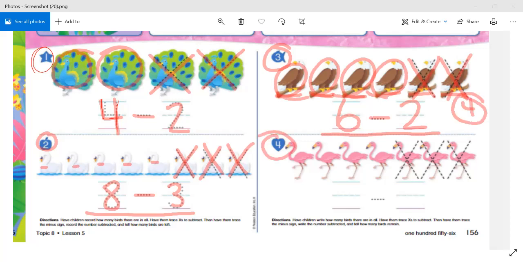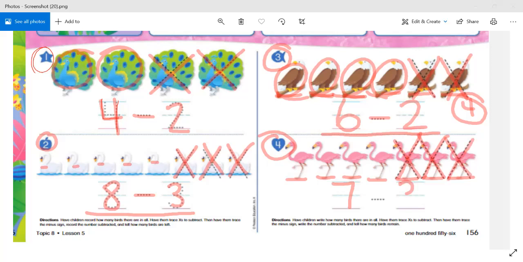All right, we're on number 4. We have some flamingos. Let's see how many we have in all. 1, 2, 3, 4, 5, 6, 7. 7 flamingos. 3 of them go away. There's X's. Let's trace the X's.